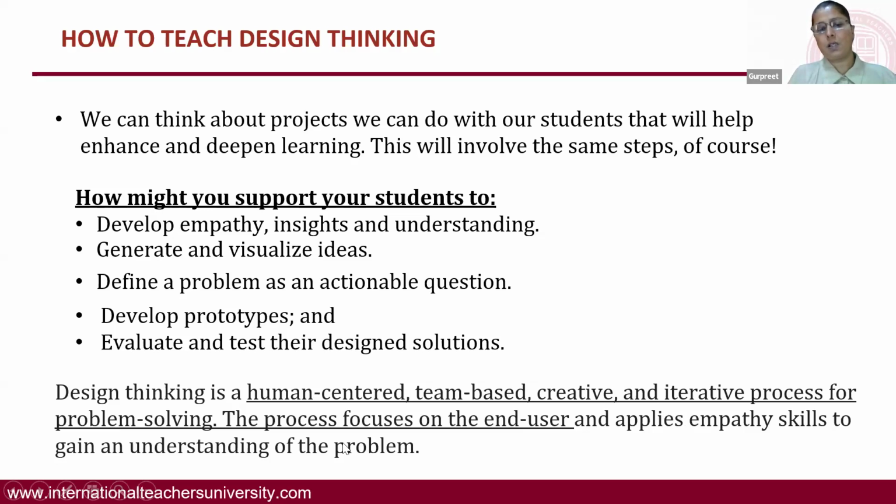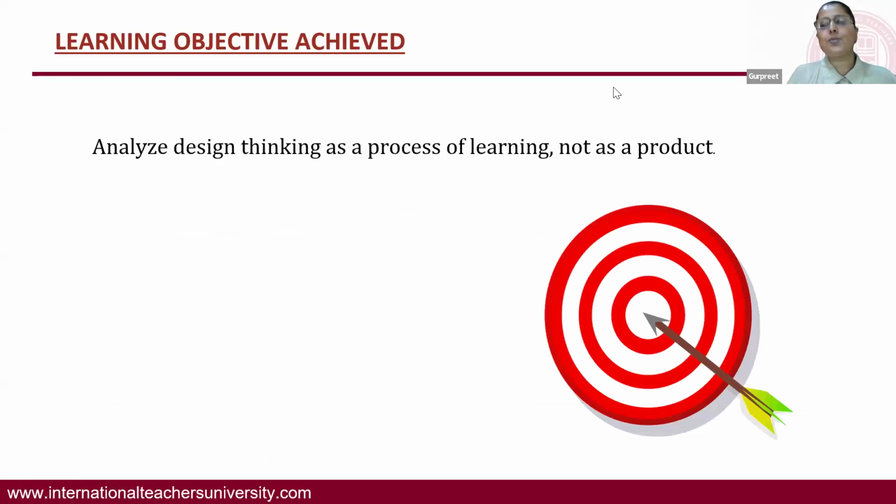The process always focuses on the end user, that is students, and implies empathy skills to gain an understanding of the problem. And that makes design thinking a process itself. And that leads to the achievement of another learning objective of our webinar, that is, design thinking is a process of learning and not a product.